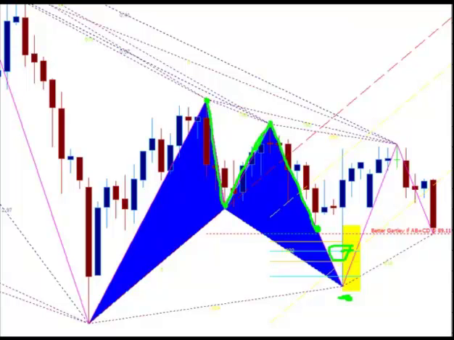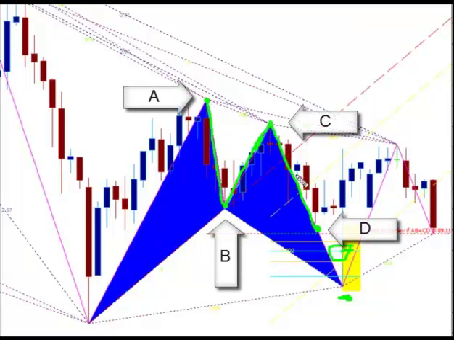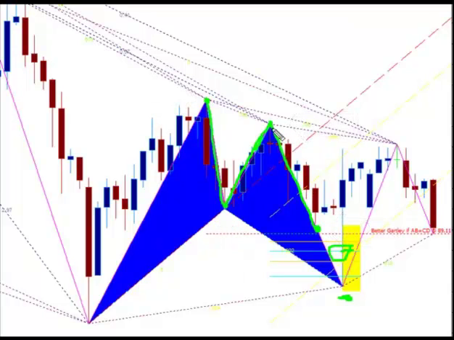So using this with harmonics, the B point to the D point, which is right here, should have the AB equals CD pattern on the Gartley or butterfly to show some good internal structure, as well as it could just be from the C point down to the D point. You might see an AB equals CD pattern here in order to project D as well.